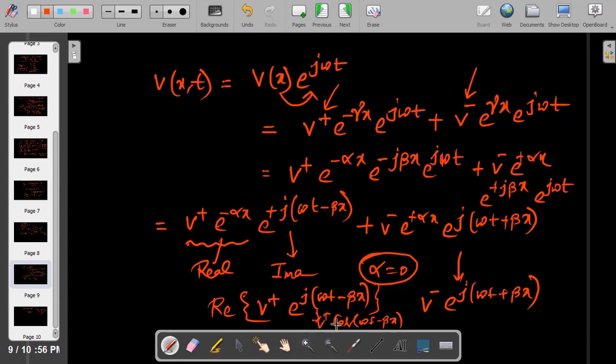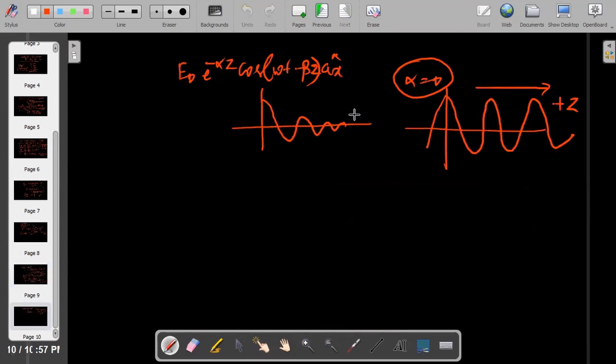Similarly, it will be V minus cos of omega t plus beta x. Now you can easily prove what I told at that time. The uniform plane wave is traveling in plus x direction, like plus z direction. So similarly, you can also prove from here that the traveling wave is traveling actually in plus x direction, minus x direction, like that.